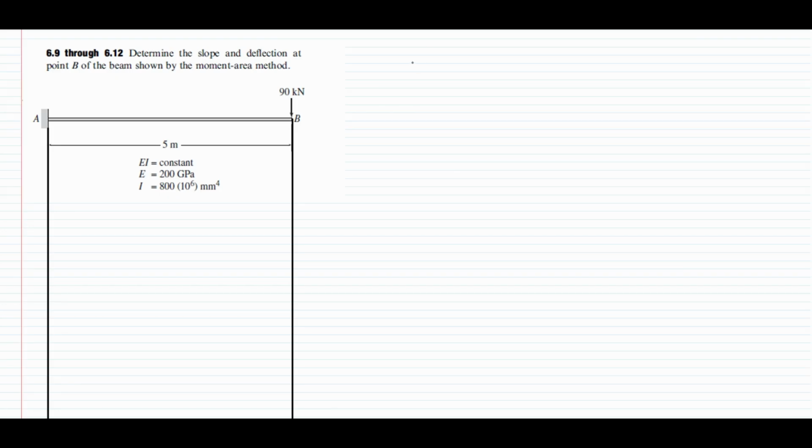So we use the same equations for slope, which is area divided by EI, and deflection, which is area times centroid divided by EI.